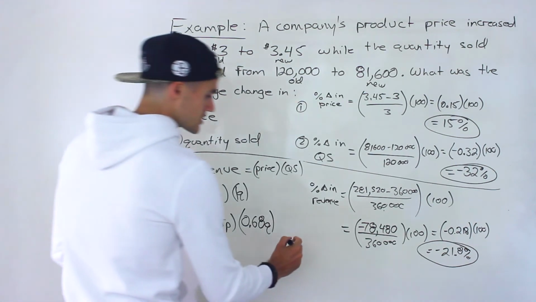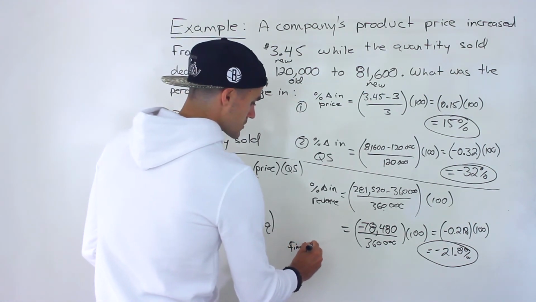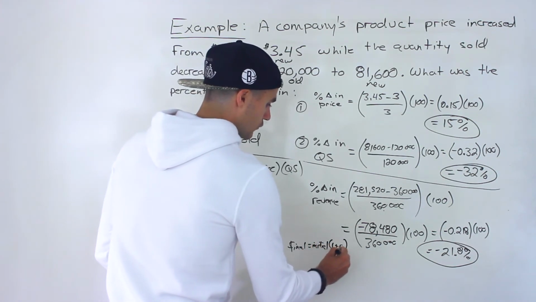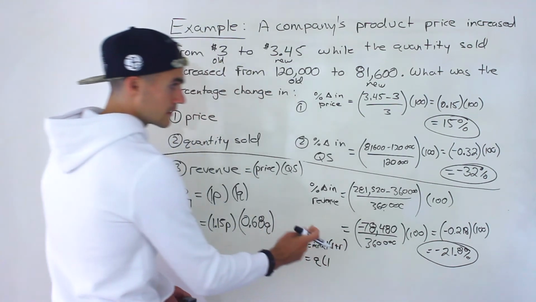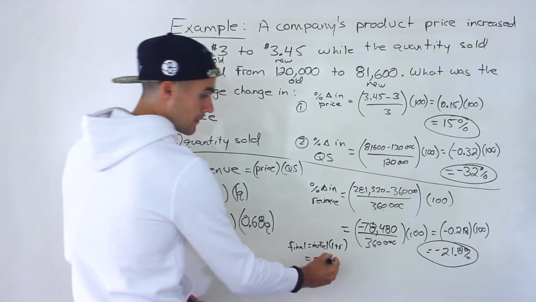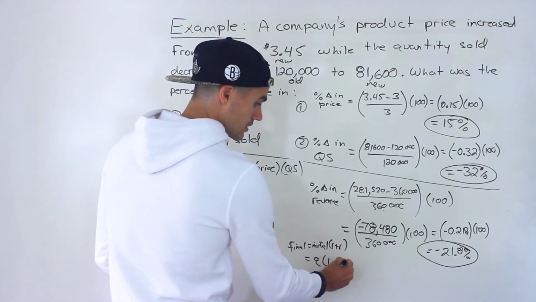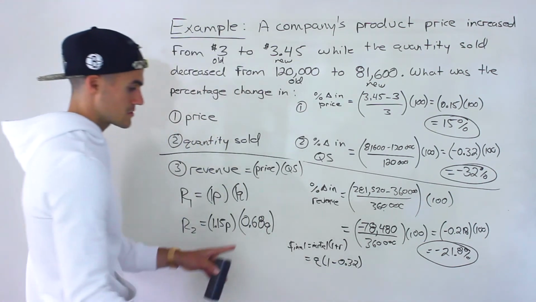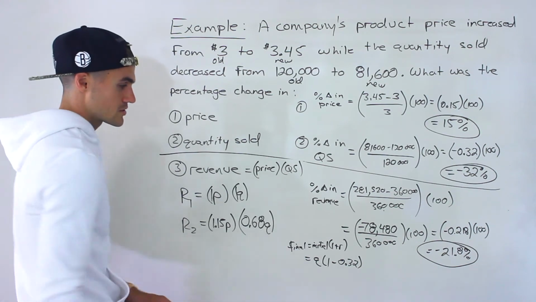We're basically using that final equals initial times 1 plus R formula. So the initial was Q, 1. It's a decrease, so this is going to be a minus. It's decreasing by 32%. Remember, this R is going to be in decimals, 0.32. 1 minus 0.32 gives us 0.68 times Q. So that's the new quantity sold right there.